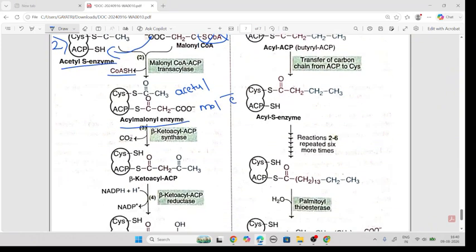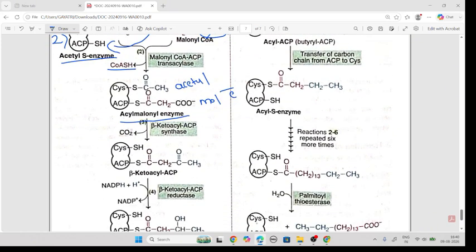Now the entire acetyl group from the cysteine will come and join to the ACP part, and the S will remain as HS. One more thing is happening here: you can see that carbon dioxide is being released. Whatever the C double bond O was there will be released as carbon dioxide.